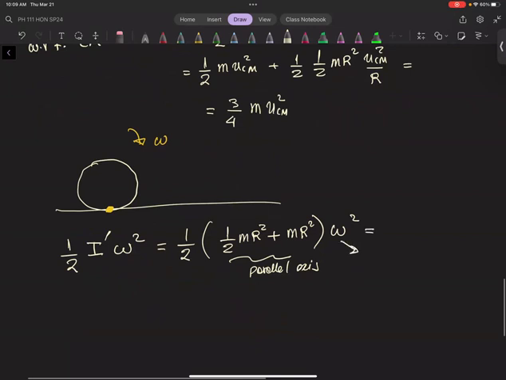Guys, if you do the same substitution here, because the omega is the same, the omega has not changed, which is U center of mass squared over R. Guess what you're gonna find? 3/4 mass U squared. The message here is very, very clear.